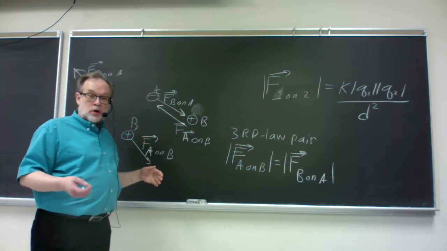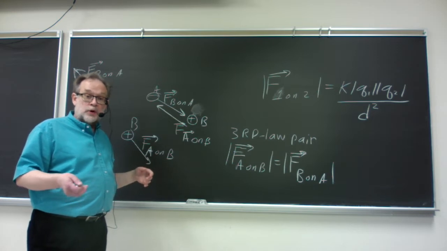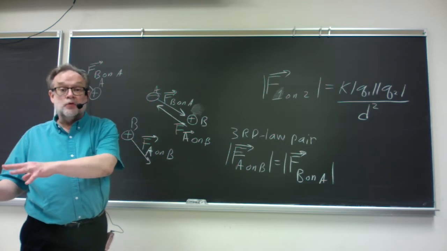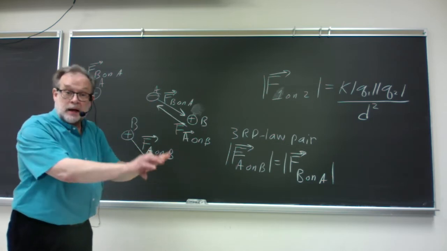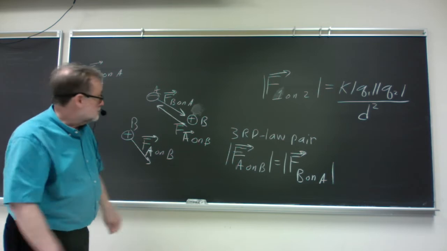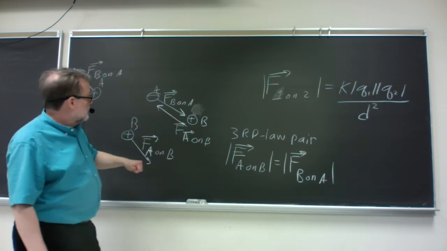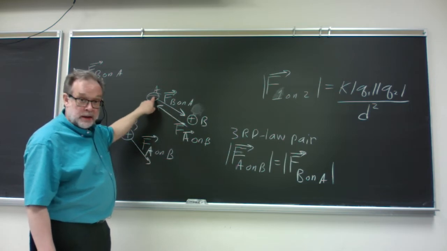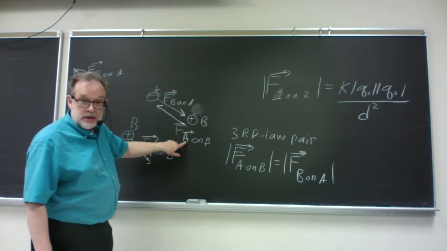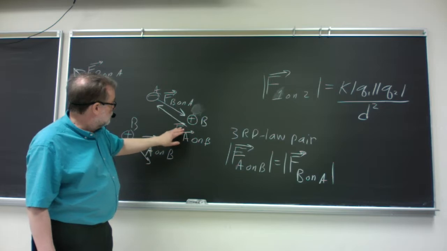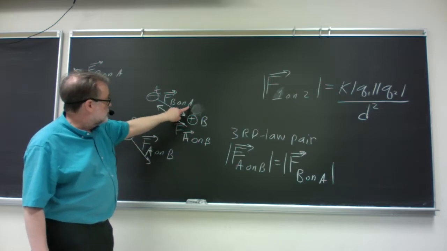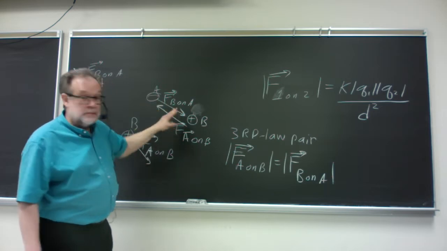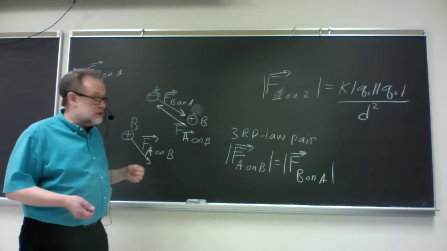In a Newton's third law pair, it's always the case that one of the forces is from the first thing on the second thing, and the other force is always the second thing back on the first thing. Same here. Here's a force from A on B. Here's a force from B on A. A is a source of one of the forces, this force, and it's the receiver. It's acted upon by the other force, and likewise for B.